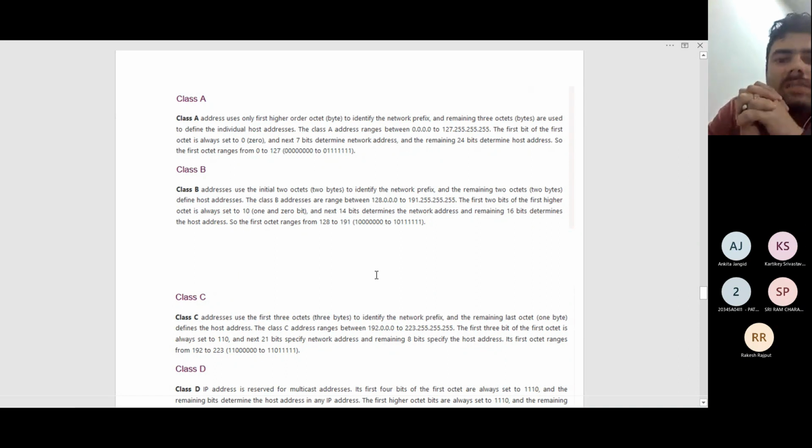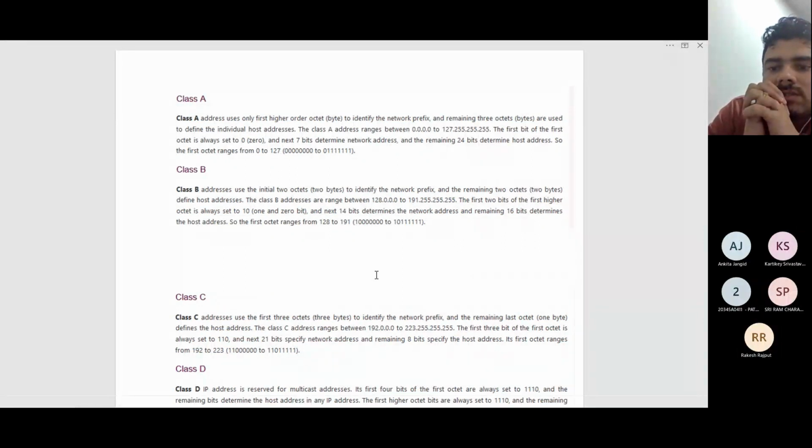Then comes Class B. Class B addresses use the initial 2 octets to identify the network prefix, and the remaining 2 octets define the host address. The Class B address range is between 128.0.0.0 and 191.255.255.255.